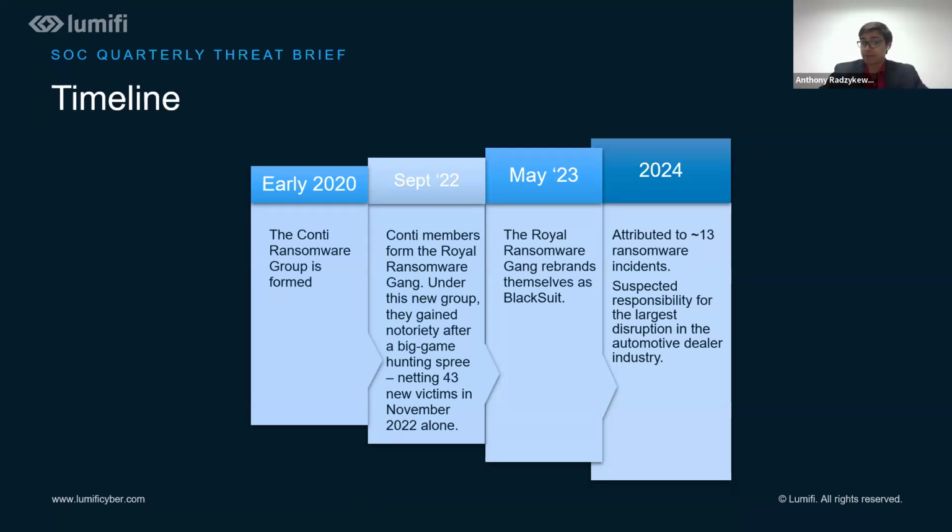That brings us to specifically Q2 of this year. As I said, they've been busy. They're attributed to roughly 13 ransomware incidents within this quarter alone. And they are suspected of being responsible for the largest disruption in the automotive dealer industry. Now, we're not going to name names of the companies they're associated with.